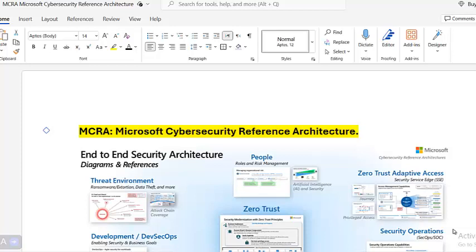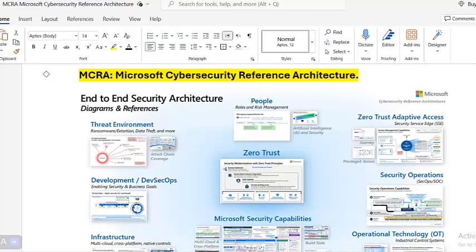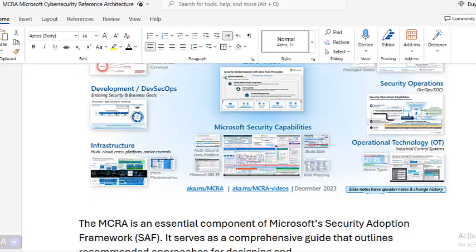So let's begin. The Microsoft Cybersecurity Reference Architecture. Okay, as you can see, I have a picture here of what it is. It has the reference end-to-end security architecture. It has zero trust, adaptive access, people, zero trust, security operations, operational technology, threat environment, development, DevSecOps, infrastructure, Microsoft security capabilities, operational technology.